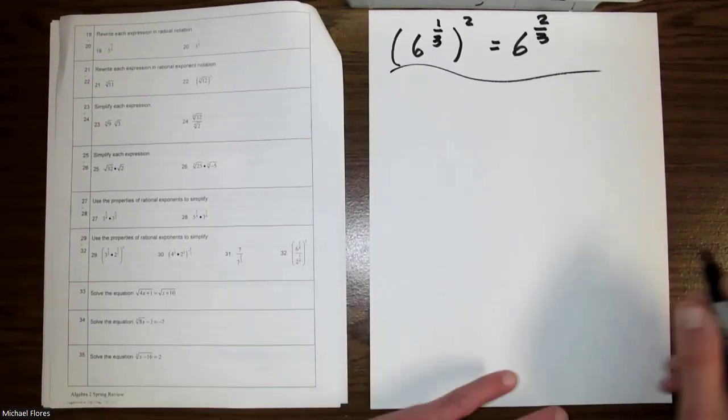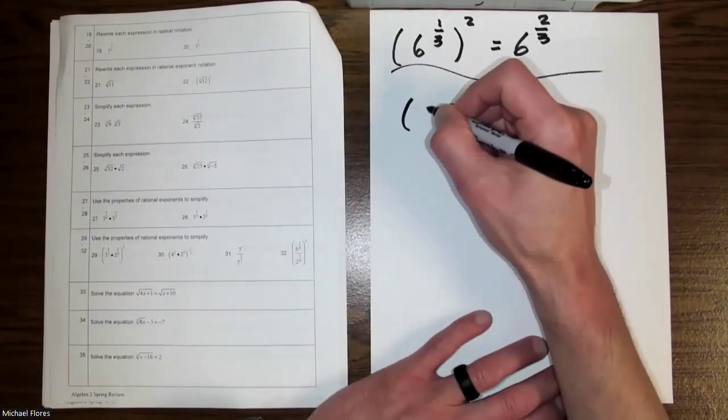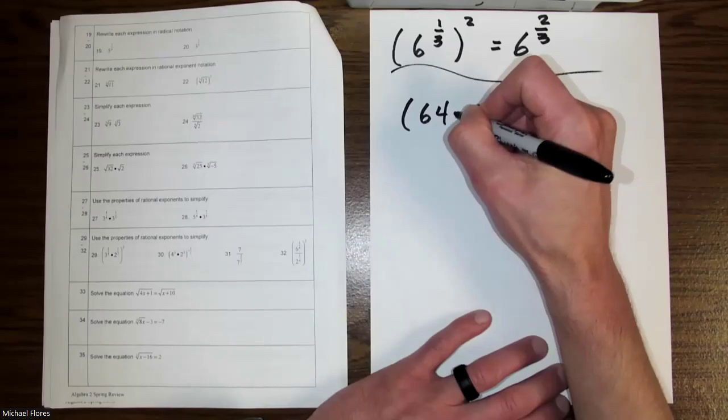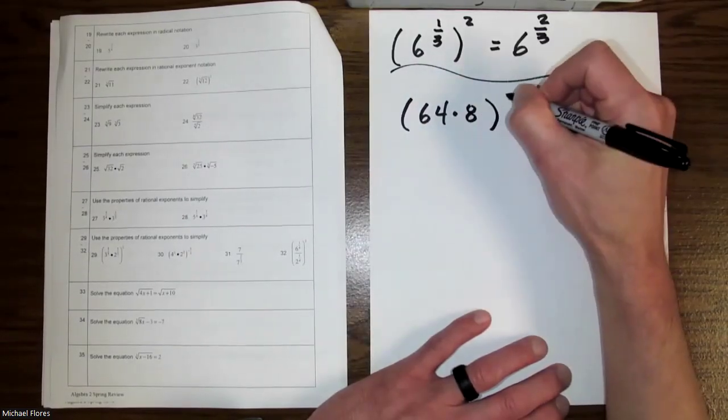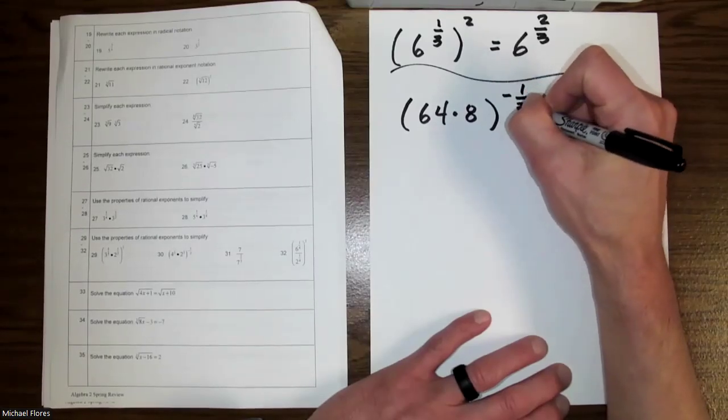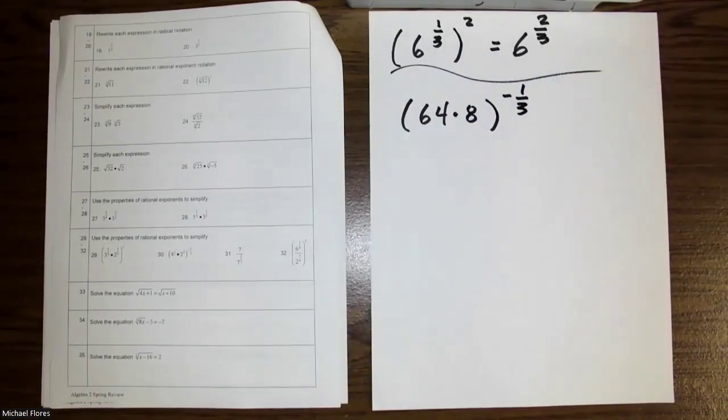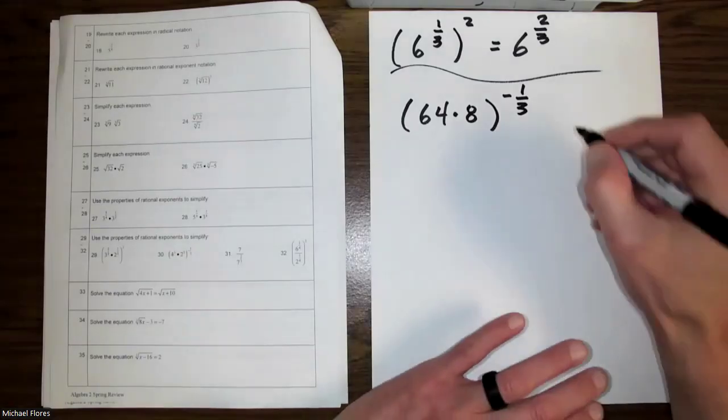All right, example 30. 4 cubed, that's 64, times 2 cubed, that's 8, all raised to the negative 1/3 power. So let me do 64 times 8. That is 512.